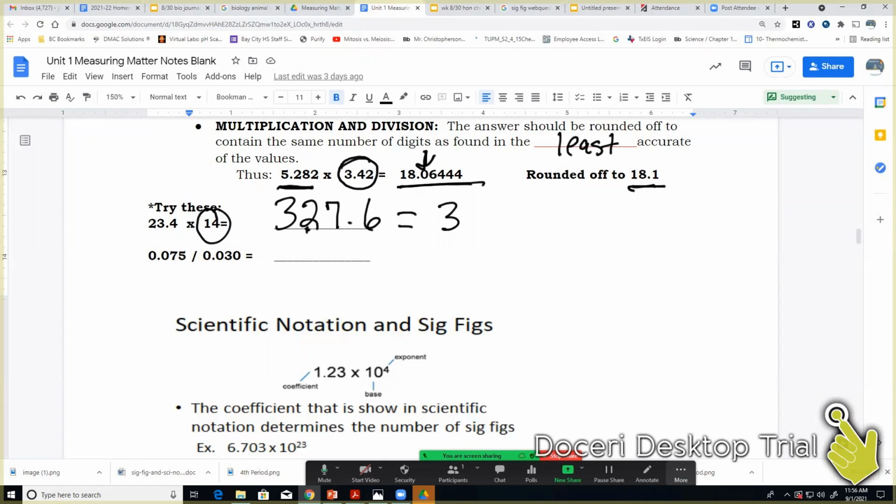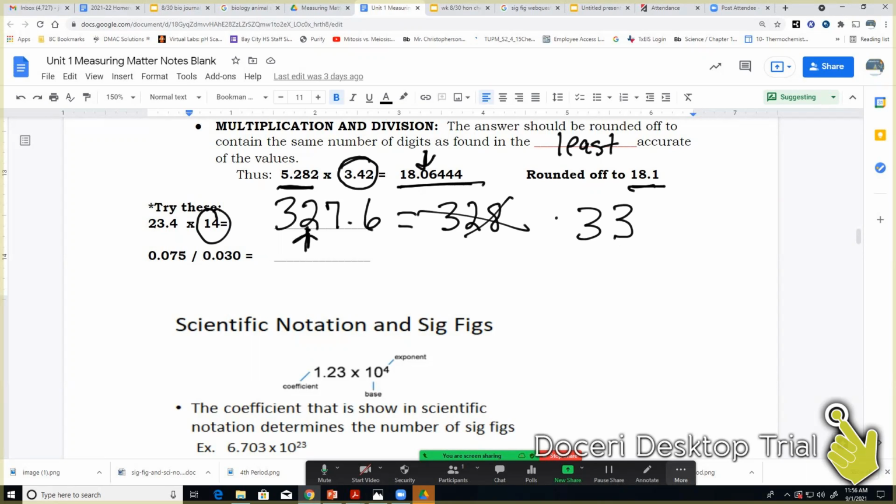Since here's my 2, and there's a 7 behind it, what am I going to do? This is a hard one. If I put 28, because that seems to make sense, don't write it down. That leaves me with 3, right? So let's not do that. So we say 3, 3, right? Because there's my second sig fig. I round it to 3.